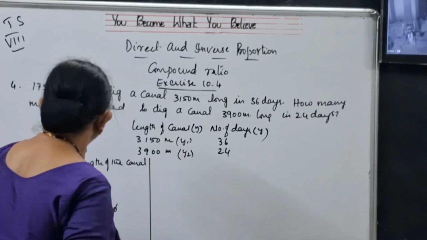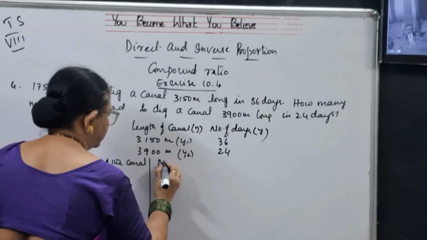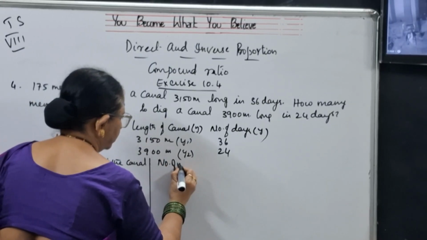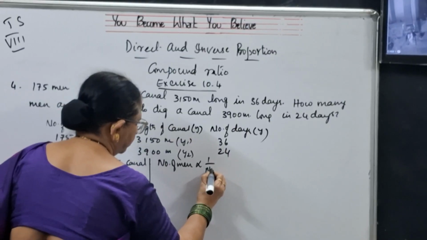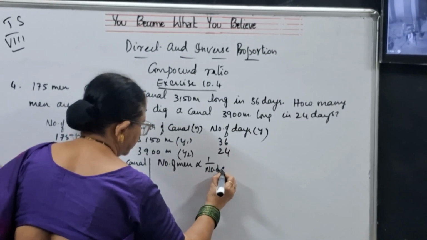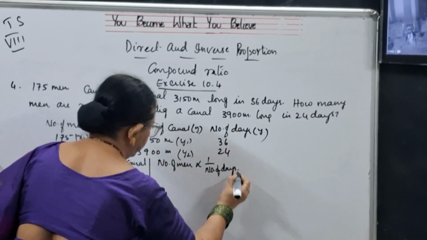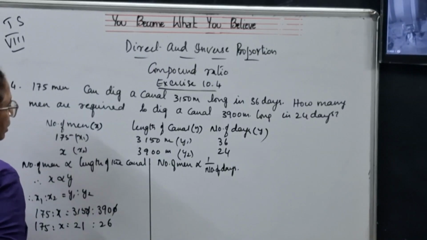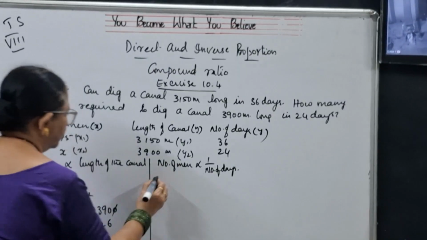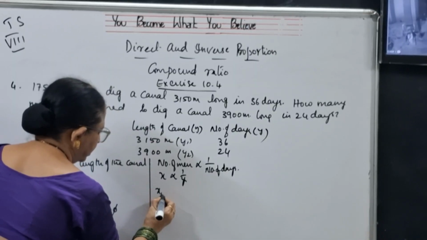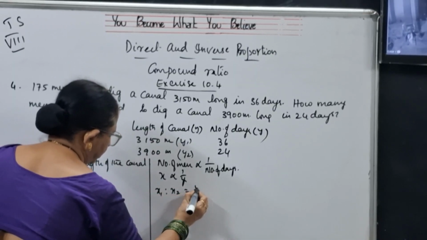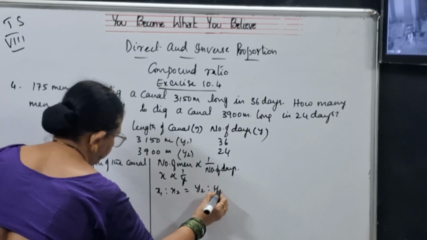Now, number of men is inversely proportional to number of days. We know that if men increase, days decrease. If men decrease, days will increase. So, x is inversely proportional to y. x1 is to x2 is equal to y2 is to y1.